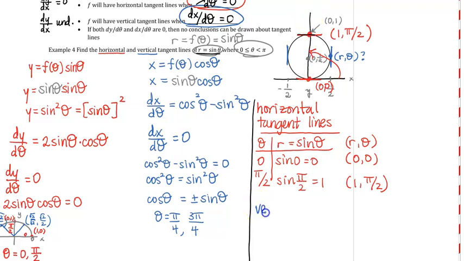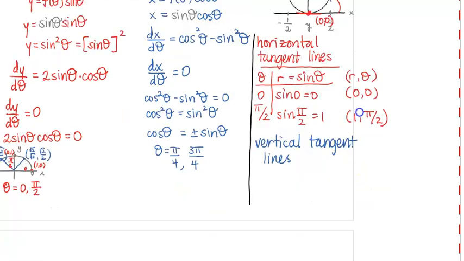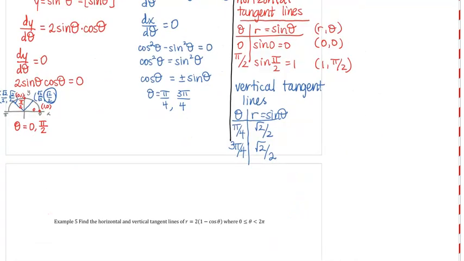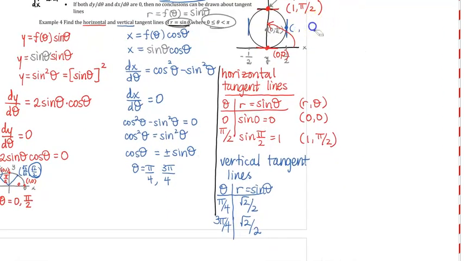Finally, let's go find where our vertical tangent lines are. We know those angles are pi over 4 and 3 pi over 4. Let's go evaluate what the corresponding r values are. Remember that r is equal to sine theta. Sine of pi over 4 is root 2 over 2. You could use my little mini unit circle as a reference. And sine of 3 pi over 4 is also root 2 over 2. So now we have these last 2 points.